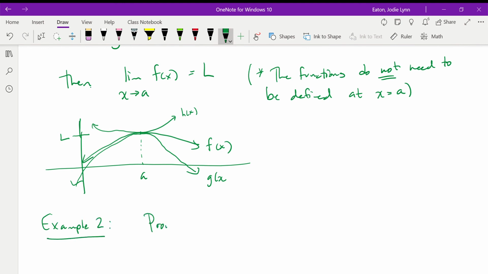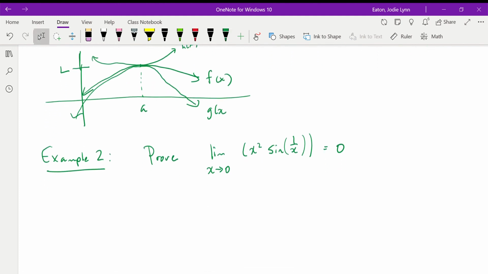We're going to prove that the limit as x approaches 0 of x squared sine 1 over x equals 0. Okay?